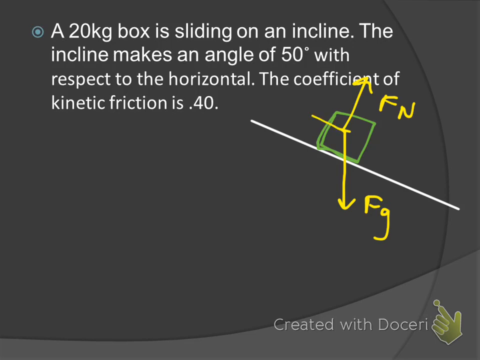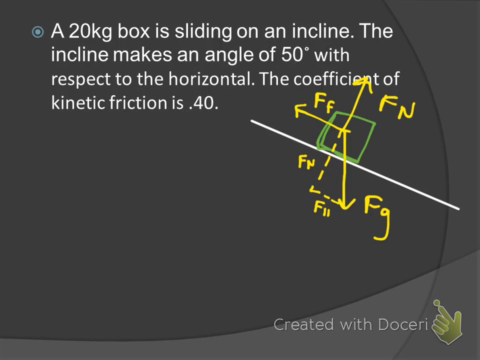And we've got a frictional force, which opposes the motion, right? And the motion of this object is going to be sliding down the incline, so that means friction must be opposing that motion. We've also got to draw the components of our gravitational force. This horizontal component being called force parallel, and the vertical component being called the normal force.